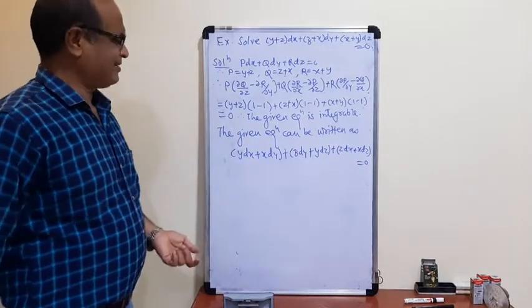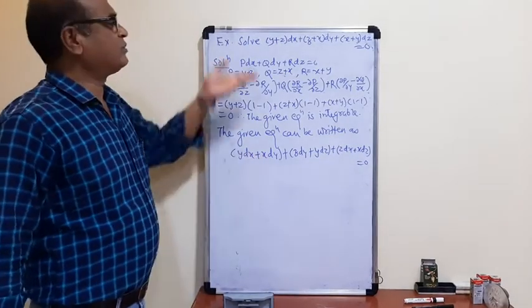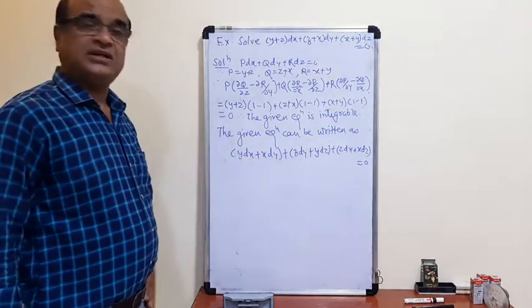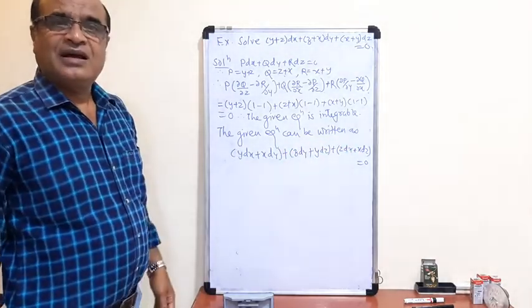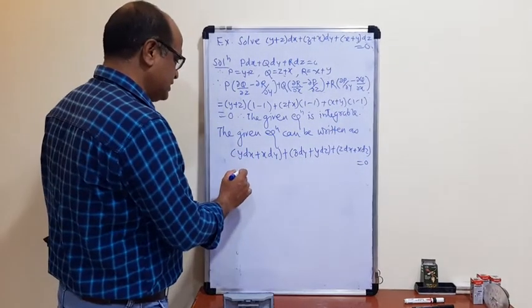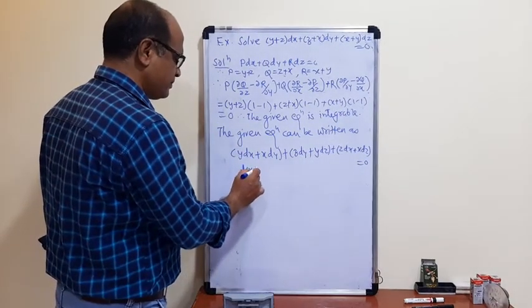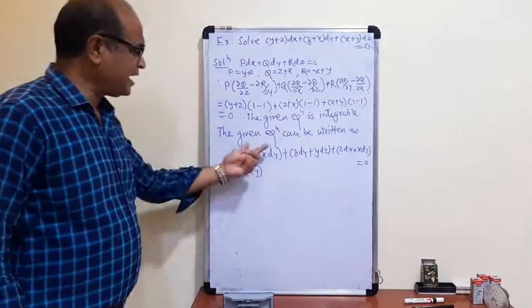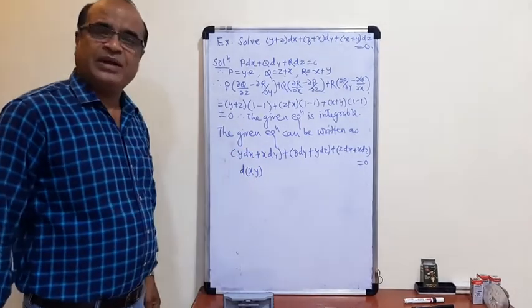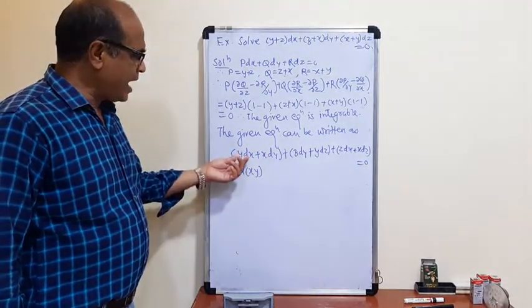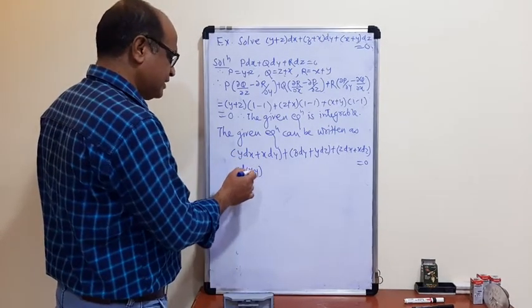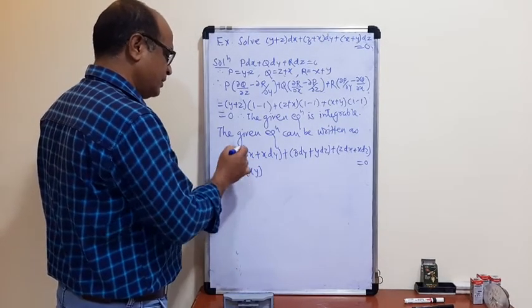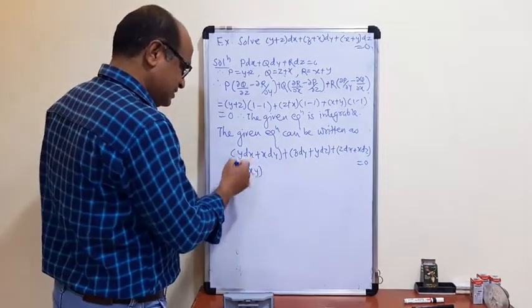So we make exact parts of this differential equation. So this is exact, that is d of xy. This is the exact part: the derivative of the primitive xy gives y dx plus x dy.